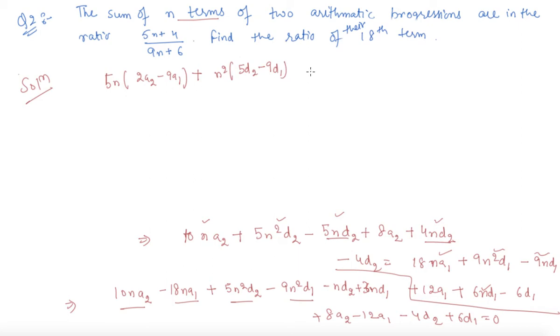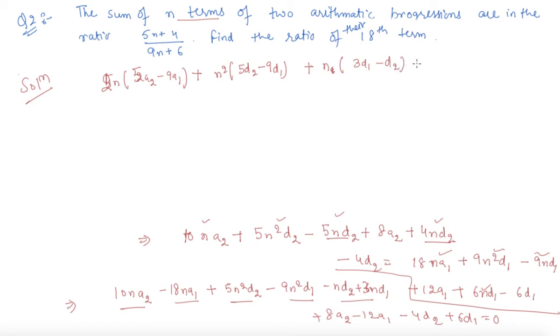What I have taken common here is 5a2 minus 9a1. In these two terms I will take only n common, so this will be 3d1 minus d2.